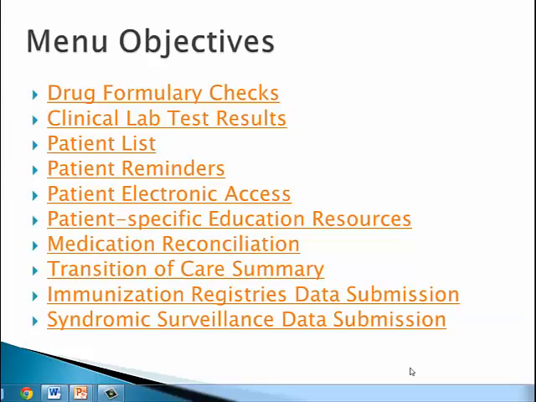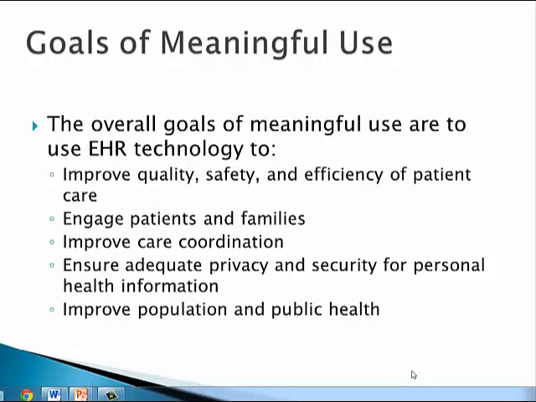Immunization registry data submission. We need to be able to submit data to these data holding banks of immunizations, and also syndromic surveillance data submission. These are all fields that need to be collected, and often easily collected once you have an EMR.